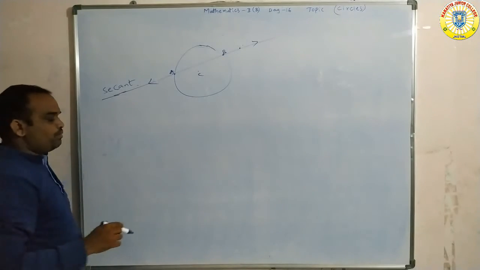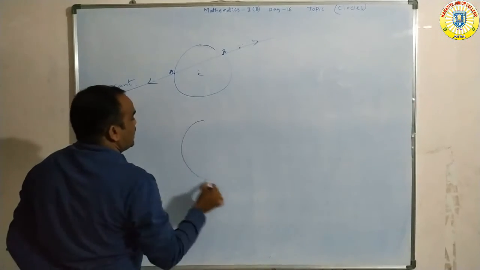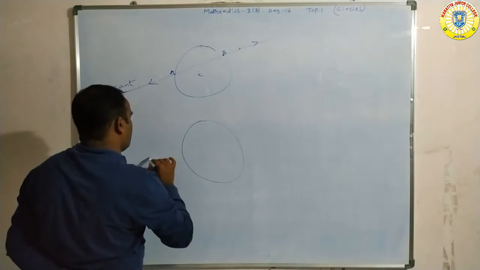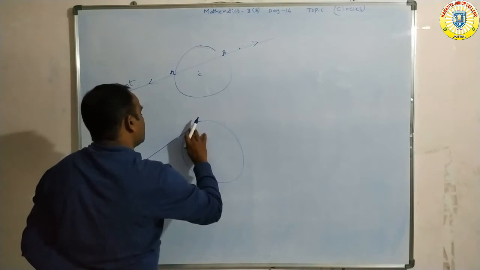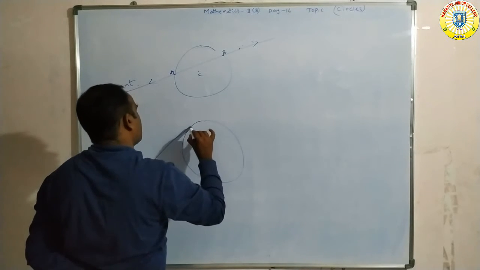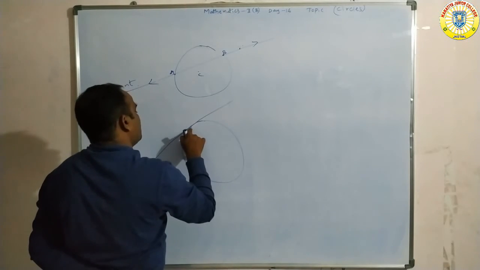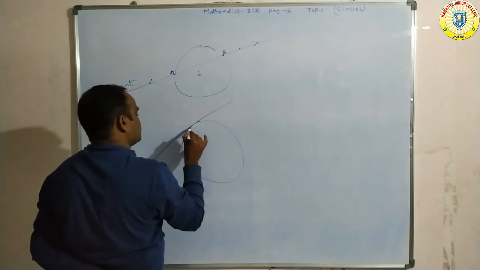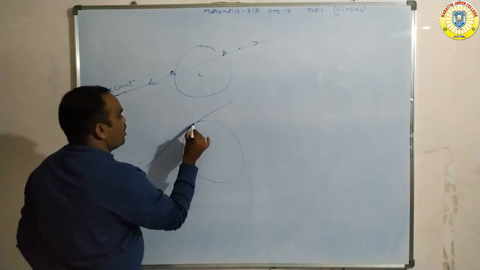Now suppose a line passes through only one point on the circle, it only touches the circle like this. How many points are there?